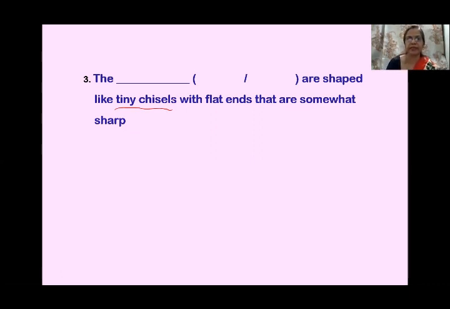First option is canines and the second option is incisors. Do you remember the right answer? It is incisors. Canines are sharp and pointed, whereas incisors are like tiny chisels and help in cutting and chopping of food.